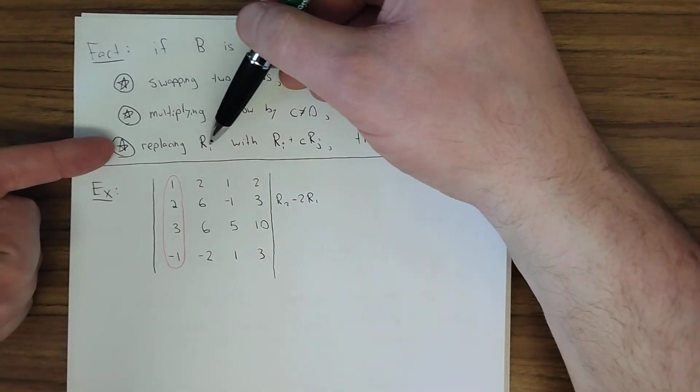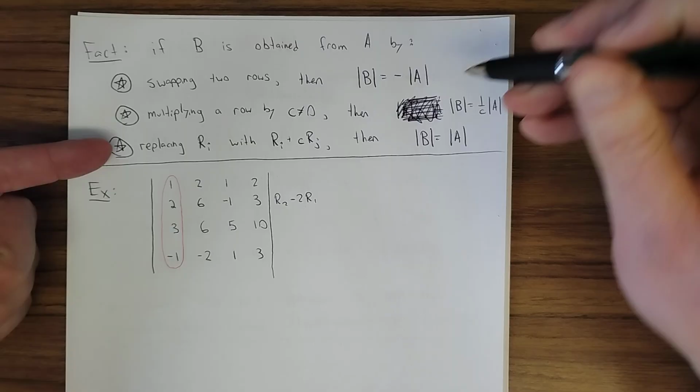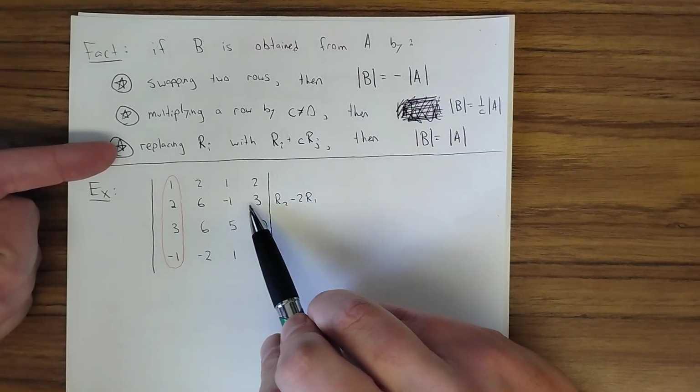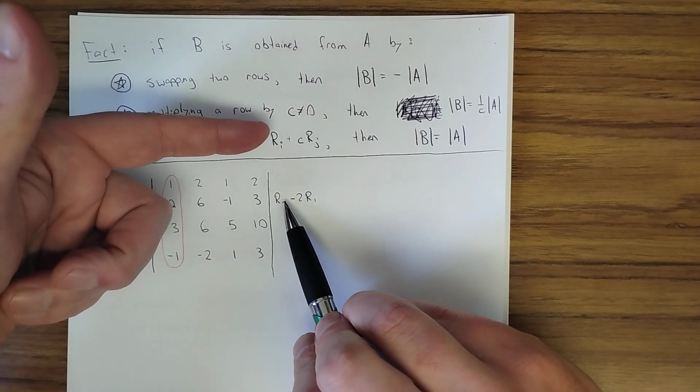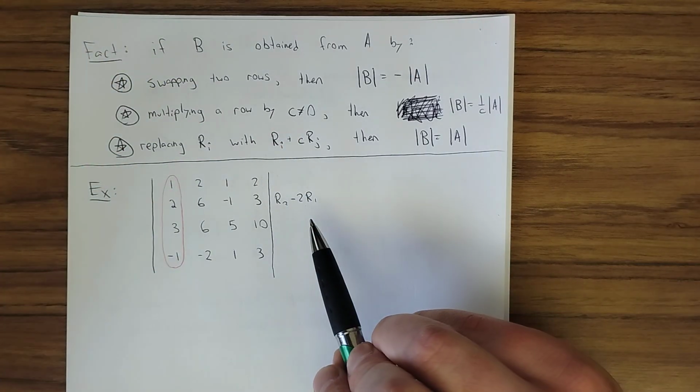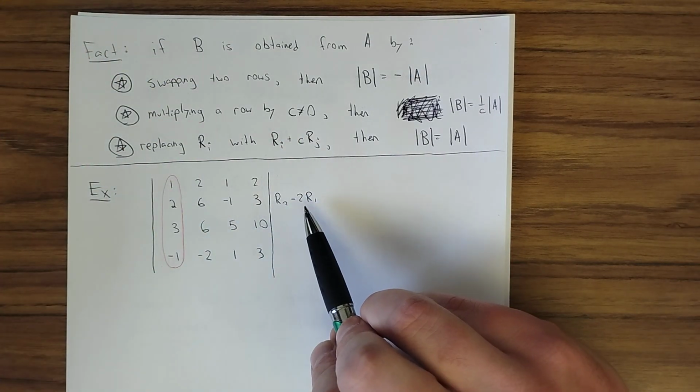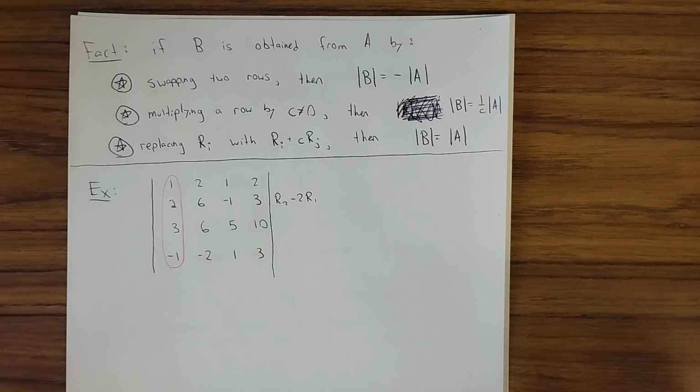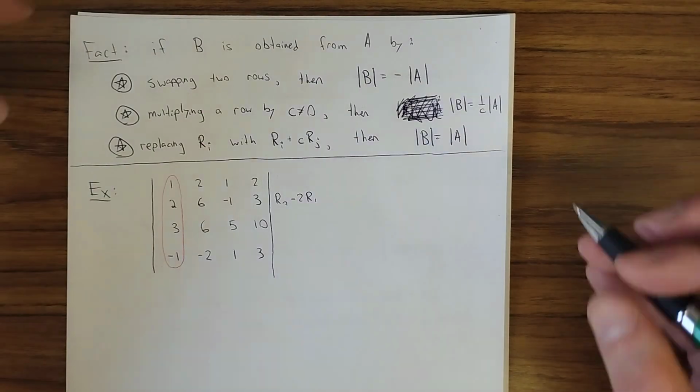I'm just using this third type of operation. I'm replacing row 2 with row 2 plus a multiple of row 1. And that operation has no effect on the determinant. So let me do several of this type of operation at once, and with the confidence that this has no effect on the determinant.